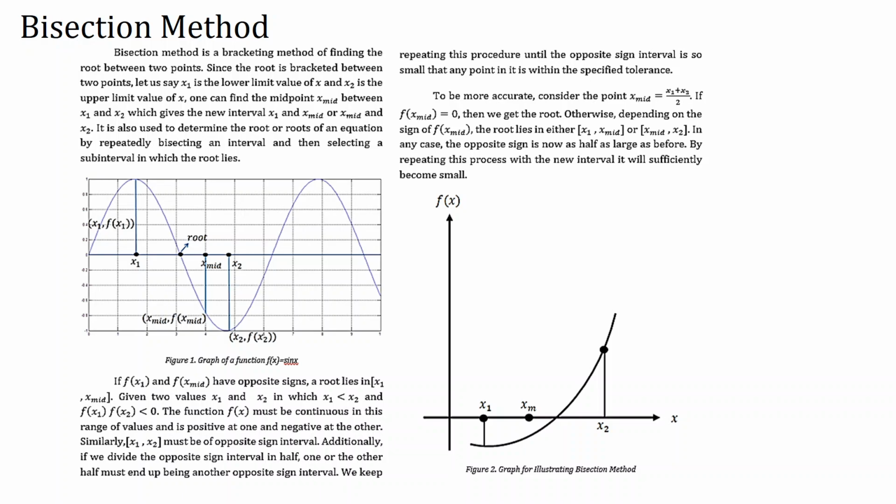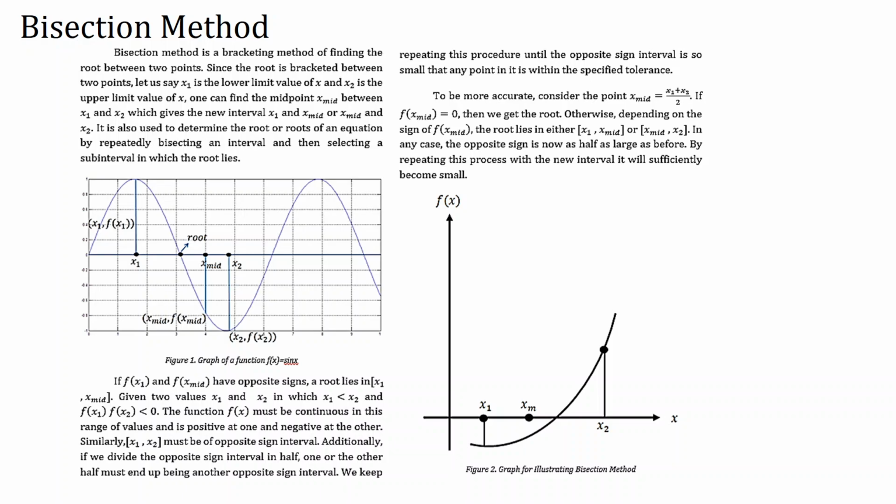The bisection method is a part of the bracketing methods, which are a meticulous method in numerical methods solutions. Basically, this is the definition of the bisection method. It is a bracketing method of finding the root between 2 points. Since the root is bracketed between 2 points, let us say x1 is the lower limit of the value of x, and x2 is the upper limit.